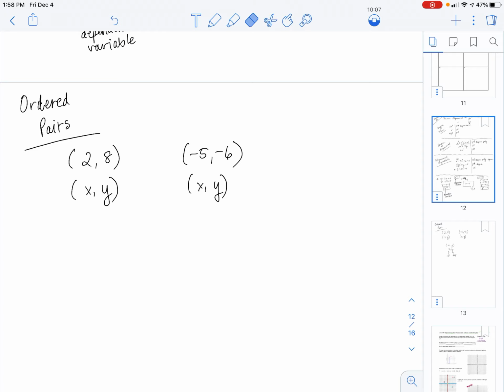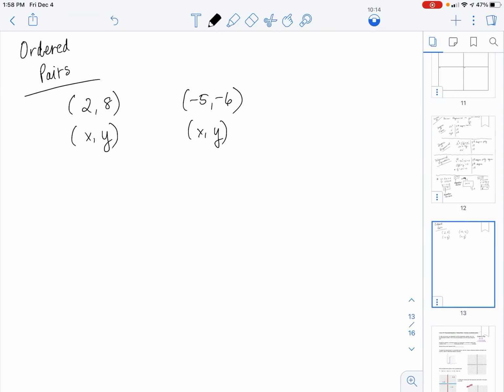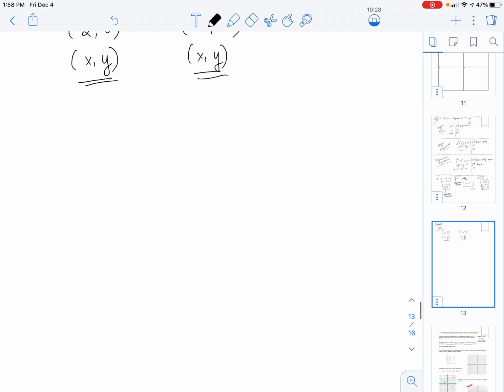I'm going to erase that though, because I don't really think that we need to hang on to that. I believe we're always going to see x and y. Okay, but I wanted to point out that the variables could vary, but you need to make sure you understand that the first variable is independent and the second variable is dependent when you're listing your ordered pairs.